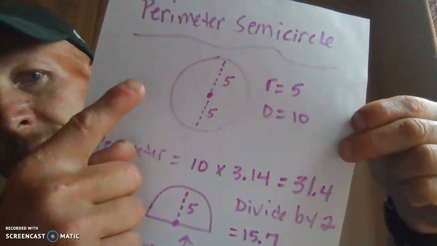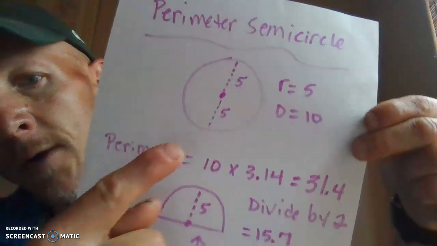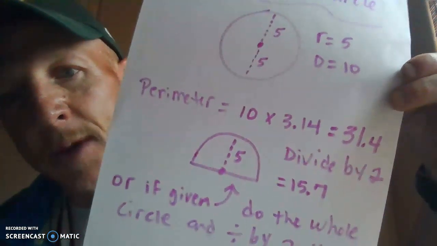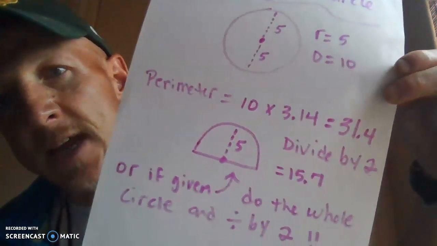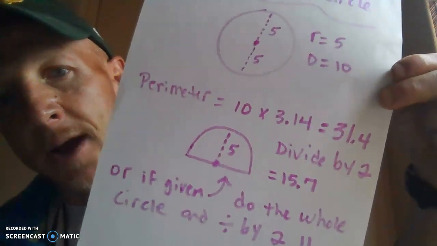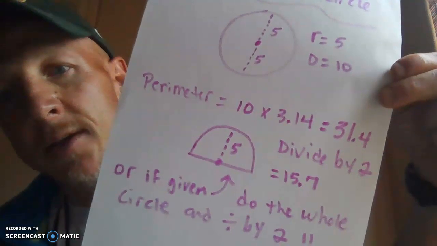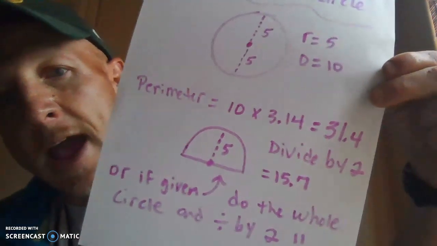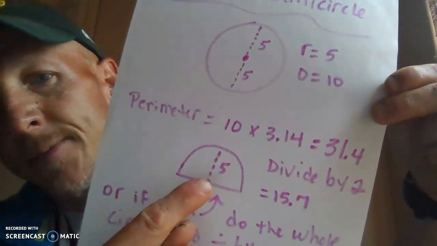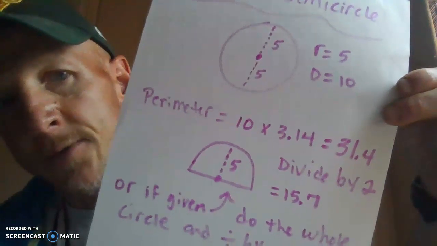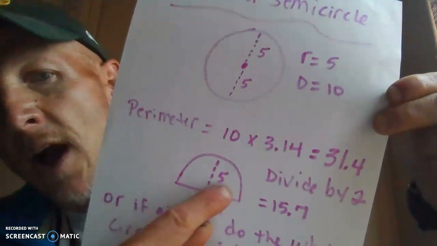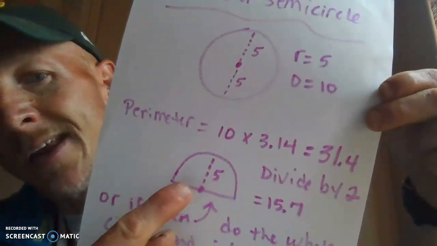So if I know the whole distance around is 31.4, I only want semi, or half. I'm going to divide that by 2. It's going to give me 15.7. So the perimeter of this semicircle is 15.7. Now, if I was going to add in this distance on the bottom as part of the perimeter, you're thinking right now I would add 10 more, because I know the distance across this is 5, 10.